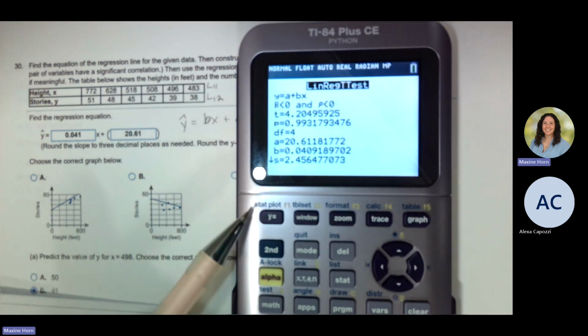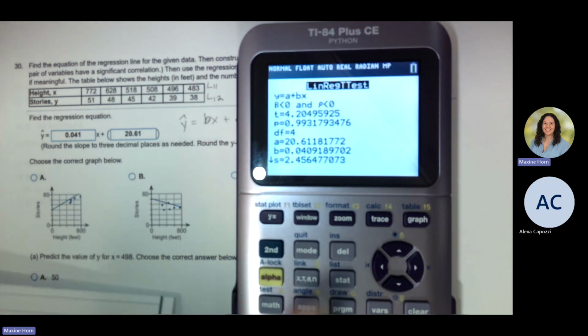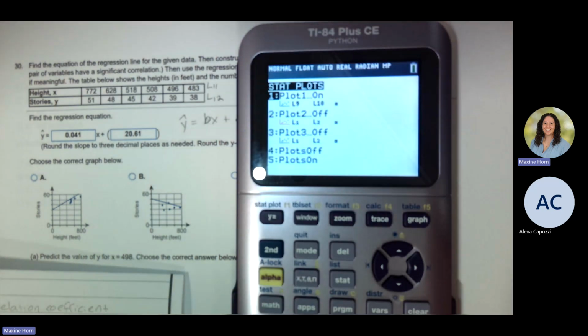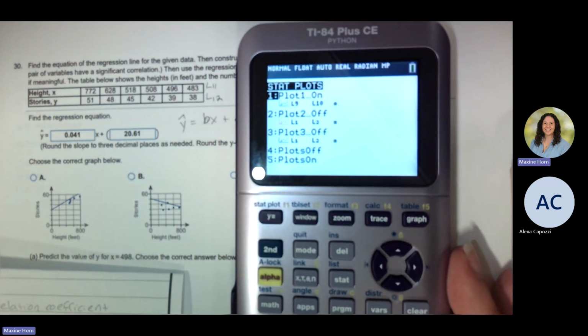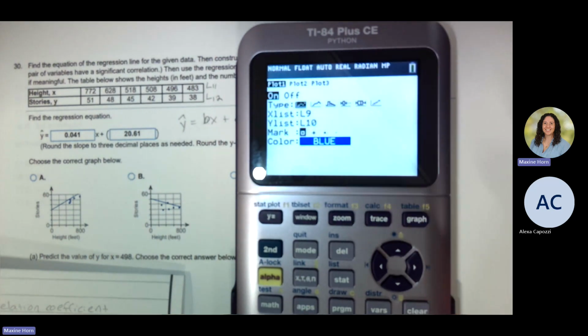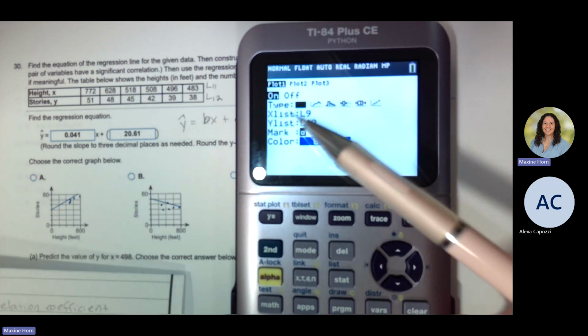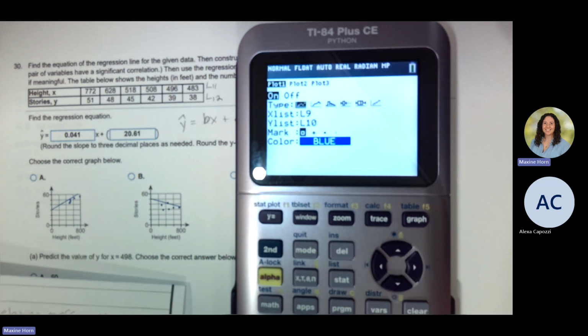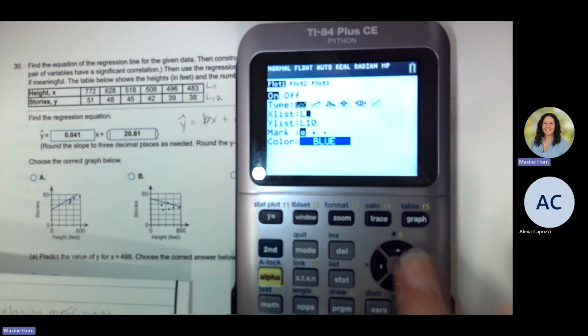Above the y equals, it says stat plot. We want to do a stat plot. So I'm going to do second y equals. Okay, and plot 1, I'm going to select. I need to make sure it says on. I need to make sure this first type is selected, and I need to make sure it's looking at the right lists. So I need to tell it L11 and L12.